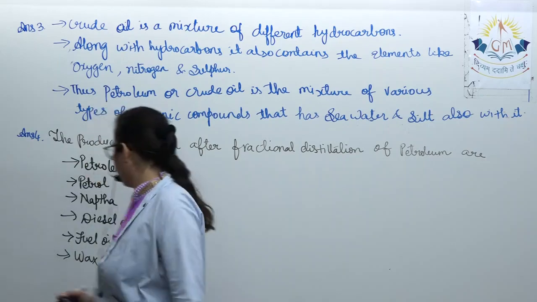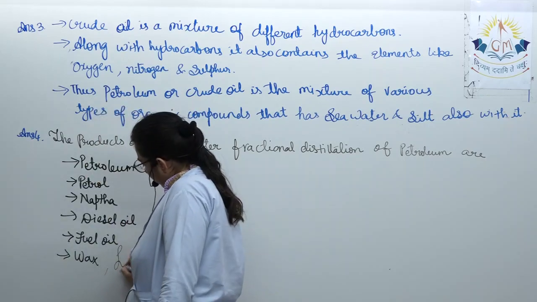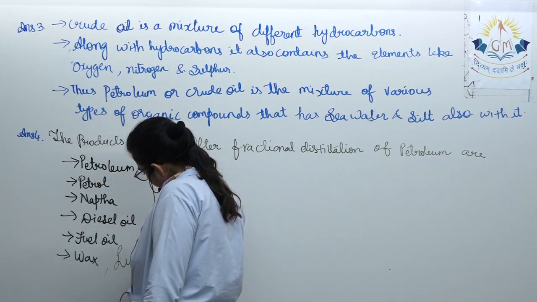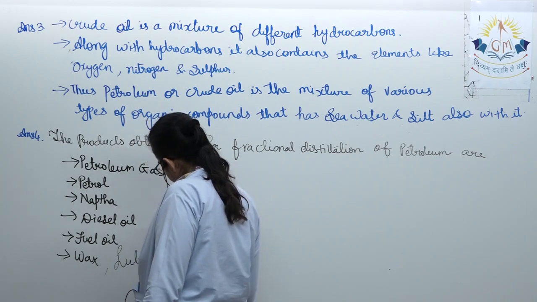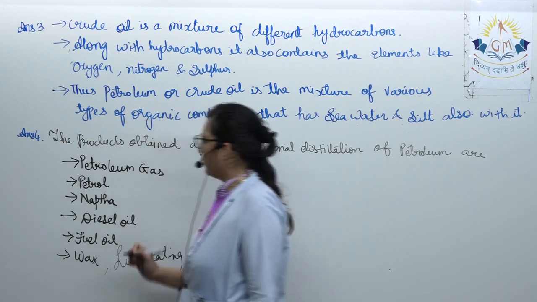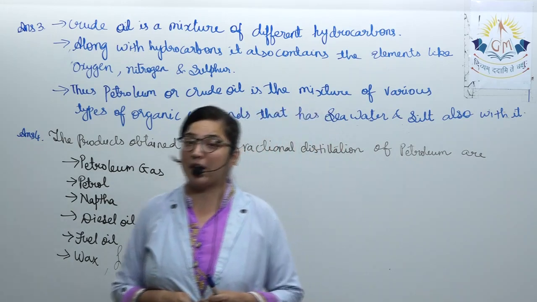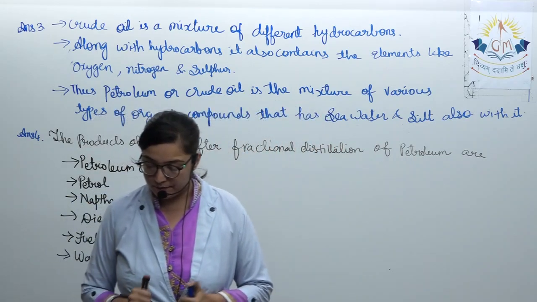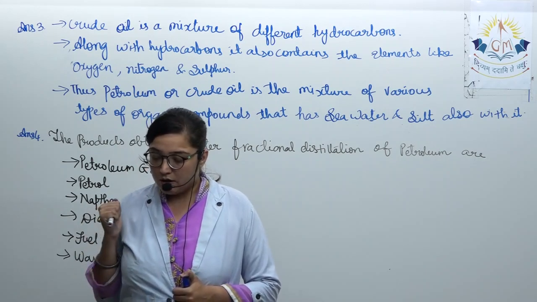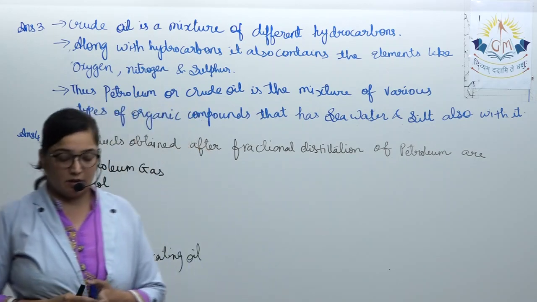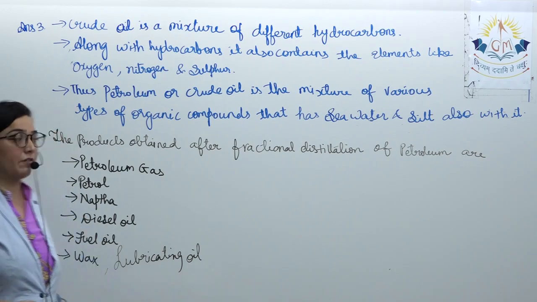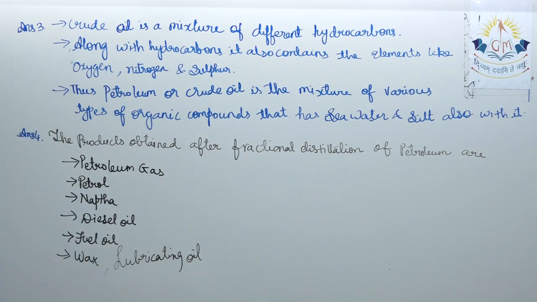Okay, so these are a few of the products that are obtained after the fractional distillation of petroleum. Note down these two answers, then we'll move on. Question 5. Be quick, and I hope all the answers are visible.